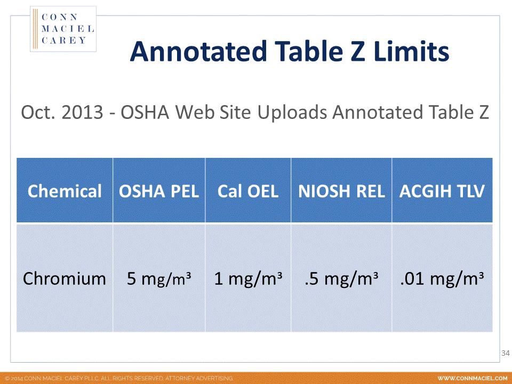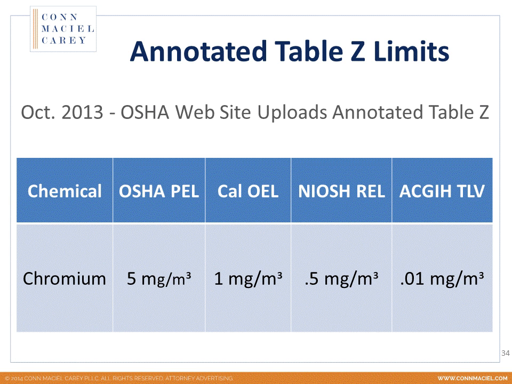The agency took an interesting action in 2013 by annotating their Table Z limits. On their website, they uploaded an annotated table where they include the chemicals that are listed in Table Z and the OSHA PEL. Those are the first two columns on this table that I've included on this slide.